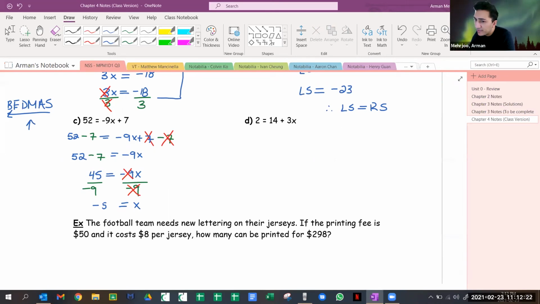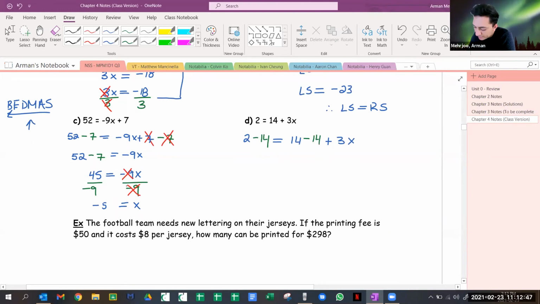I'm not going to do a left side, right side check for this one. Instead, I'm going to go on to question D. In question D, again, I see that I'm adding 14 on this side. So I actually have to subtract 14, and I have to subtract 14 from both sides.